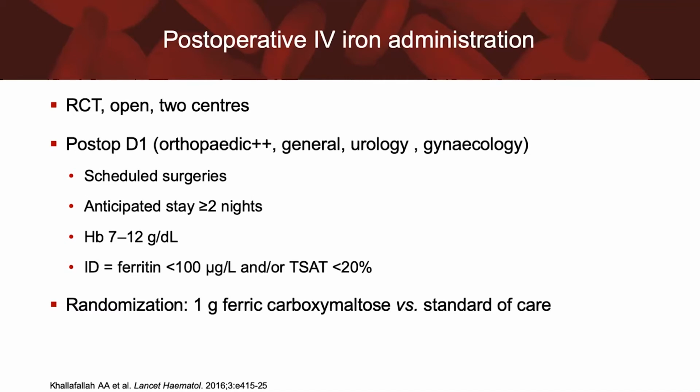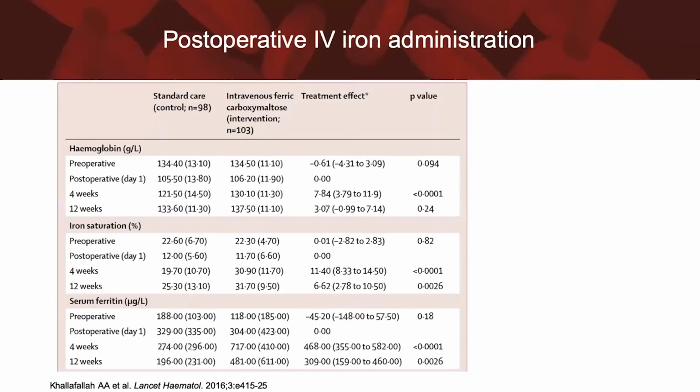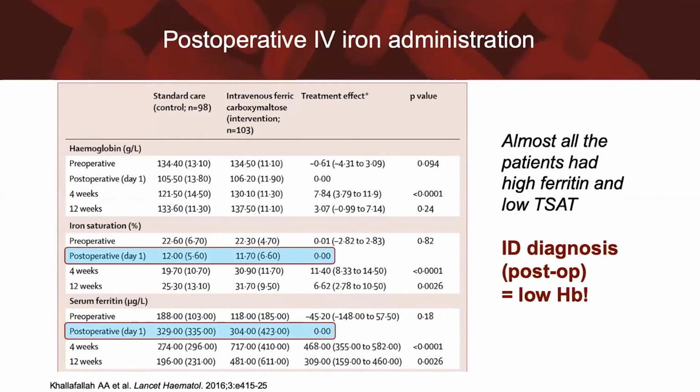They received either 1 gram of ferric carboxymaltose or standard of care. But when you look at these patients, you can see here that at inclusion, they all had a low transferrin saturation and a high ferritin level, indicating inflammation, as we just said.